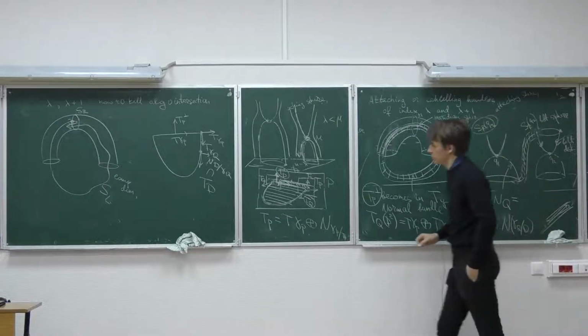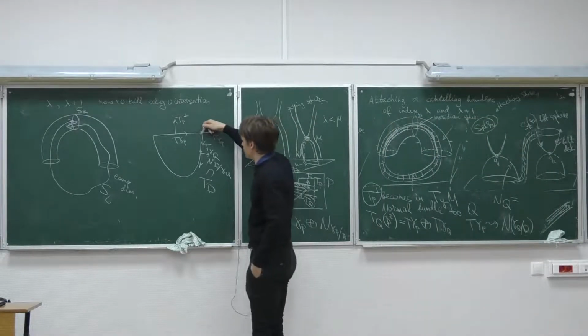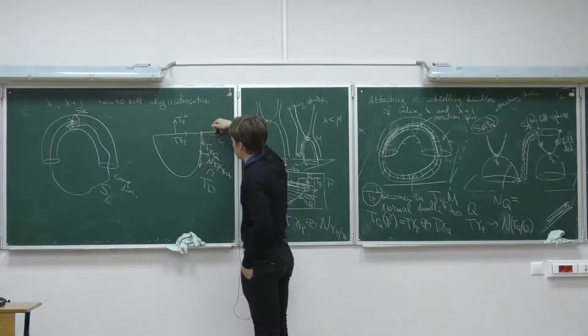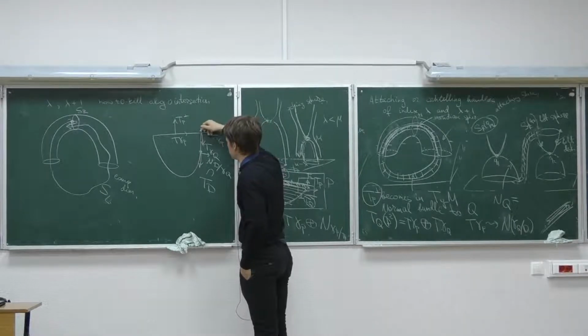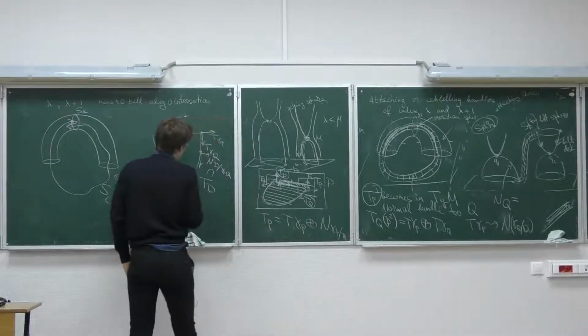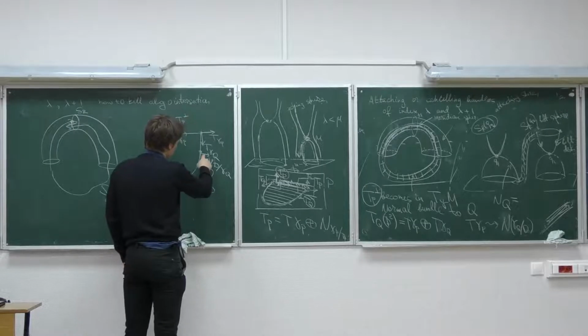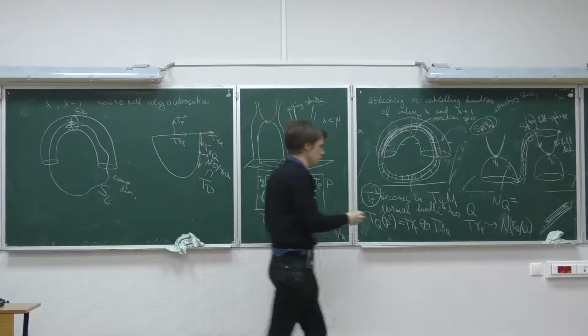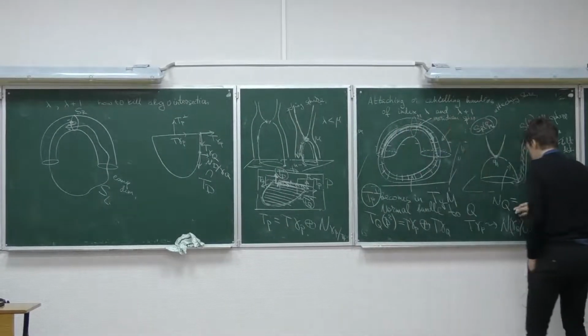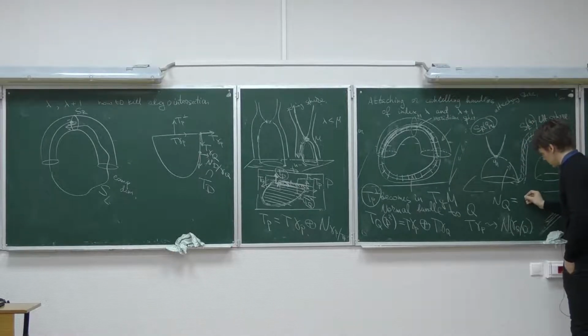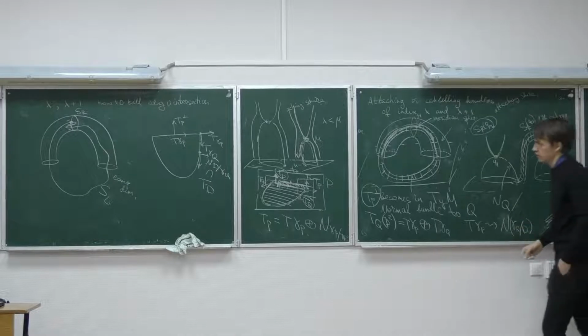And the normal space, you can look at the normal space to Q, and you have to take the normal space to Q modulo this corresponding direction.